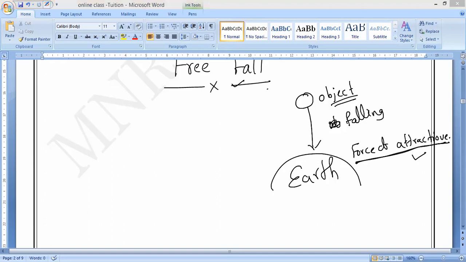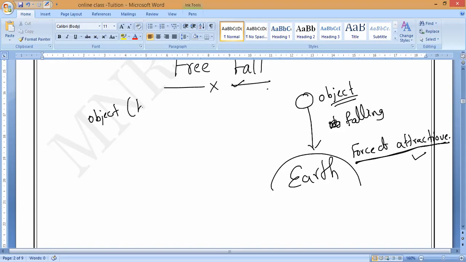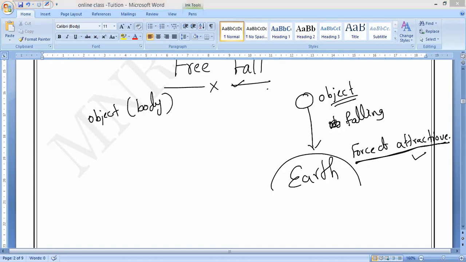The falling of a body, I can call it sometimes body, sometimes object; both mean the same.